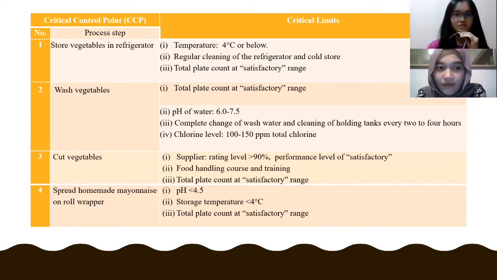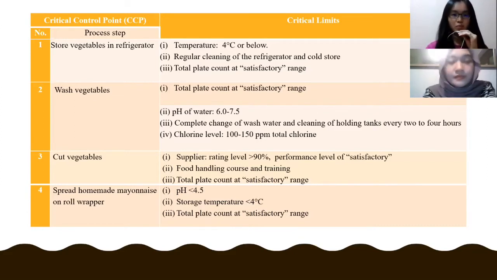The first critical control point of our HACCP plan is store vegetables in refrigerator because improper storage temperature will cause microorganisms to grow in the vegetables, which is our main ingredient of the product. So the critical limit for this CCP is temperature, frequency of cleaning, and total plate count.